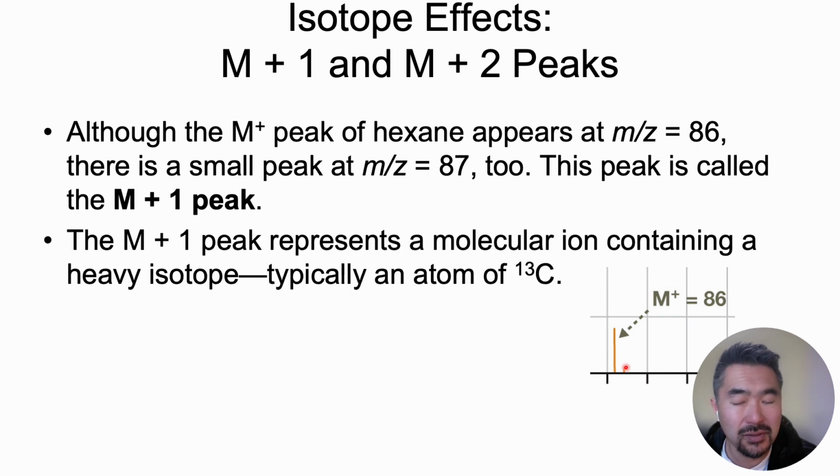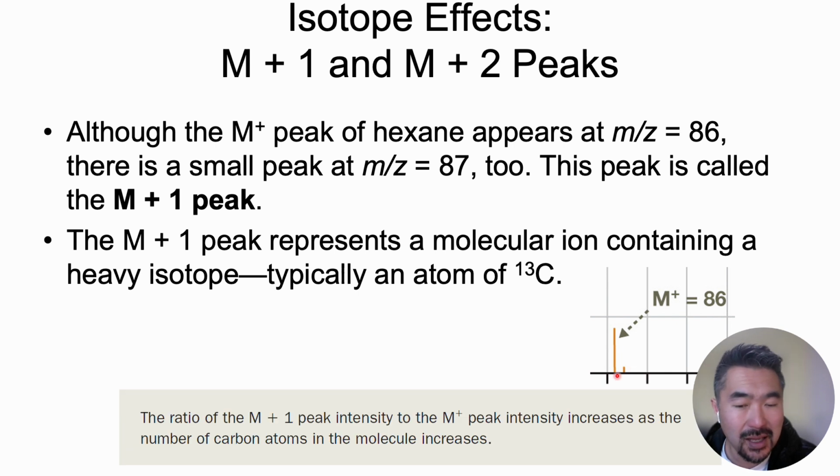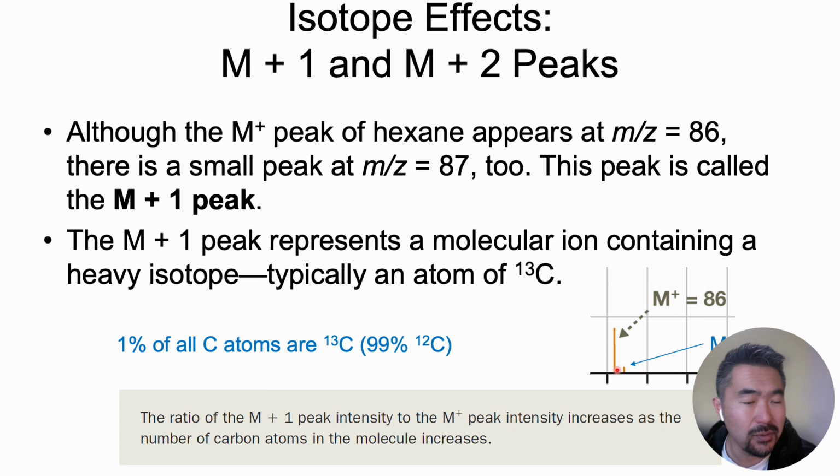Well, that's because of the isotopes present. For carbon, there's a small amount of C13 isotope present, not just C12, and that is responsible for this tiny peak. About 1% of all carbon atoms are C13. So if you have 6 carbons in hexane, there's 6 out of 100 chances that your molecule contains a C13 atom. Hope that makes sense.